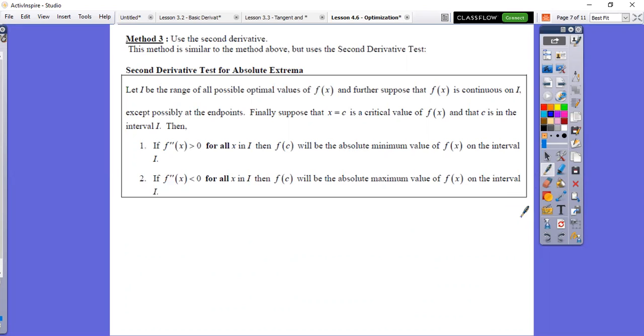If the second derivative is positive, which remember from curve sketching means it's concave up, then that value will be an absolute minimum. If the second derivative is negative around your critical value, then that's going to be an absolute maximum. And what it actually doesn't say here is that if at your critical value you change concavity, then your critical value is not a relative maximum or minimum. It's an inflection point.